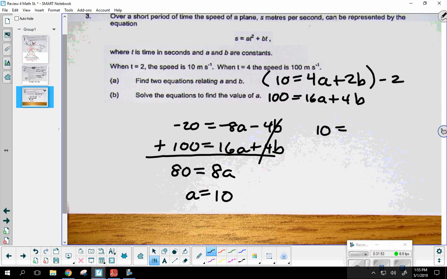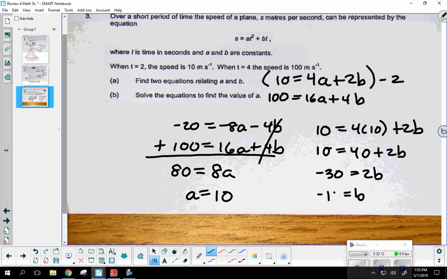So 10 is equal to 4 times 10 plus 2b. Okay, so 10 is equal to 40 plus 2b. So 2b is equal to -30. So b equals -15. There you go.